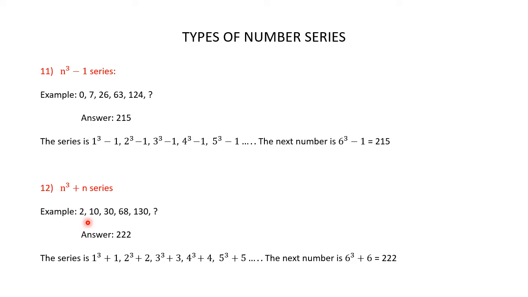That is, 1 cubed plus 1 is 2, 2 cubed plus 2 is 10, 3 cubed plus 3 is 30, 4 cubed plus 4 is 68, 5 cubed plus 5 is 130. So the next number is 6 cubed plus 6, which is 222. So the answer is 222, and this is an example for n cubed plus n series.